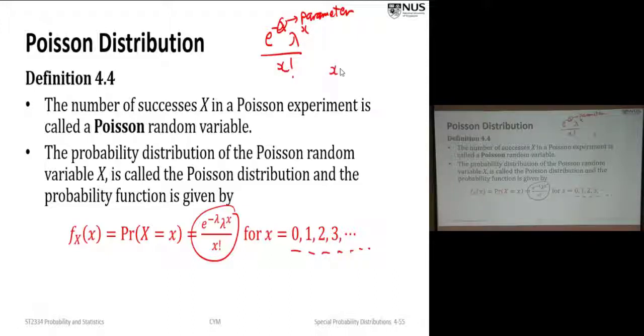Recall x factorial is x times x minus 1 down to 1. This holds for all the possible non-negative integers, including 0. This is always greater than or equal to 0 because lambda is positive, x factorial is positive, and e to the power minus lambda is positive.